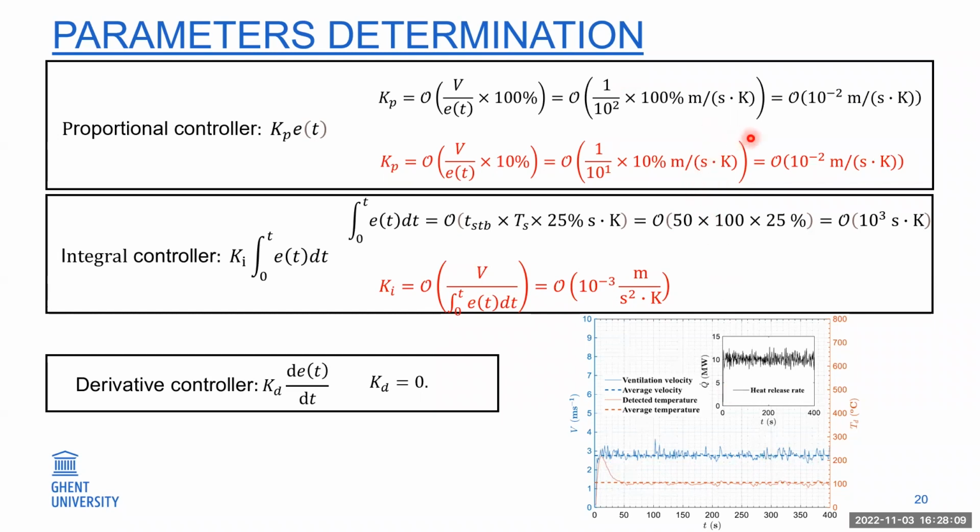So finally, we can estimate KP is in the order of 10 to the minus 2.